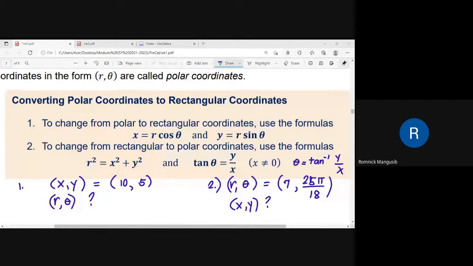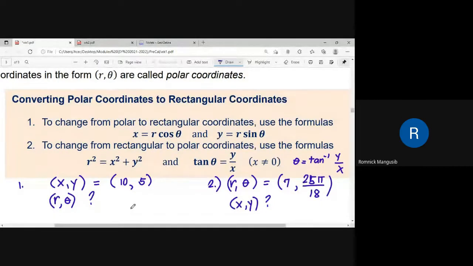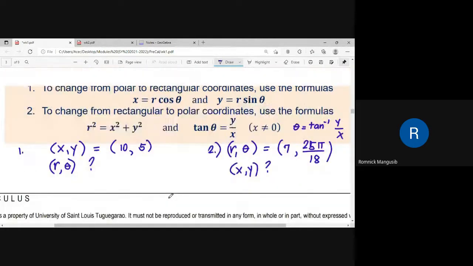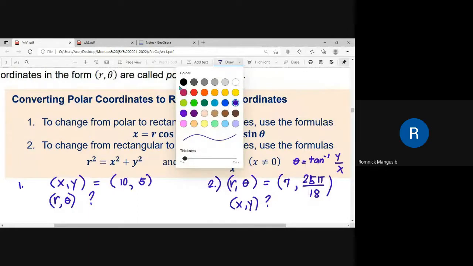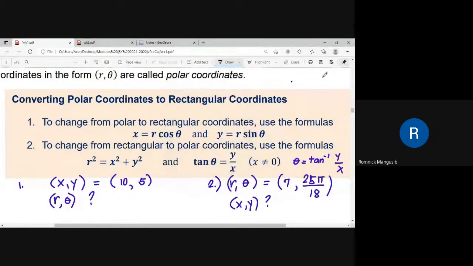Okay, so let us now answer the questions here. The first question is, you're going to convert the rectangular coordinates 10, 5 into polar coordinates r theta. So the first thing you really need to do here is, xy. So dito naman ang mangyayari, radius is equal to the square root of 10 squared plus 5 squared.